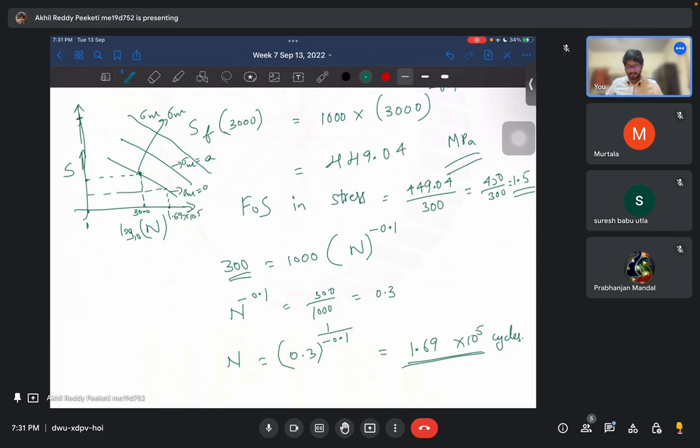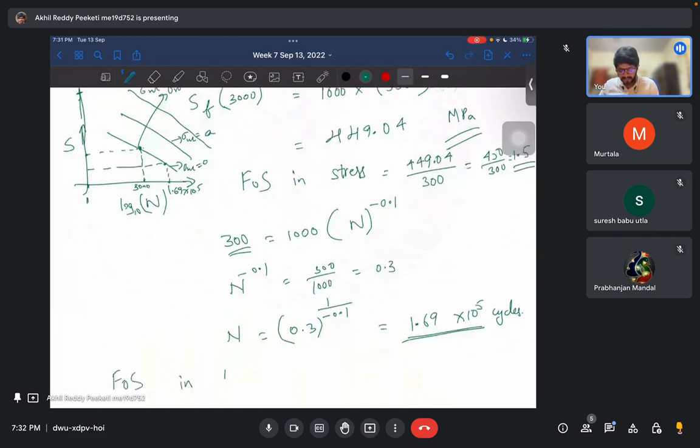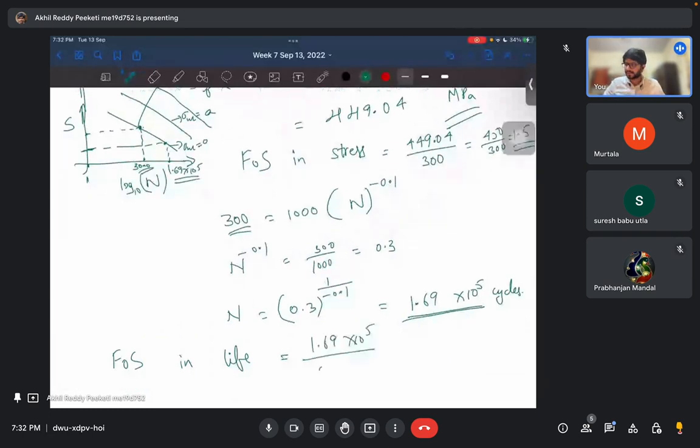Now the factor of safety in life. At this stress level it can handle this many cycles, but you are only using it for 3000 cycles. So the factor of safety would be the ratio of these two, which is almost 56.4.